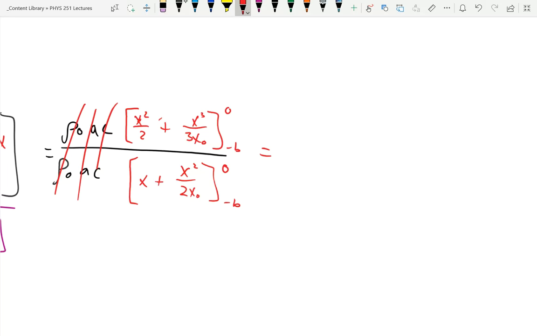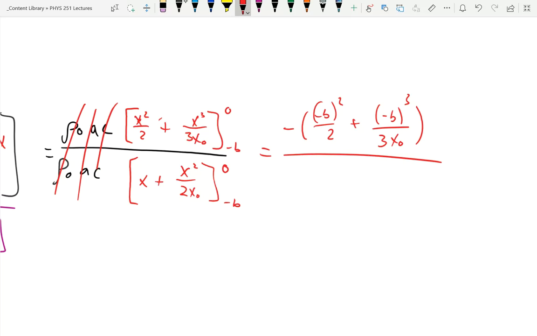So I have minus b squared over 2 plus minus b cubed over 3x0 all over minus parenthesis minus b plus minus b squared over 2x0.